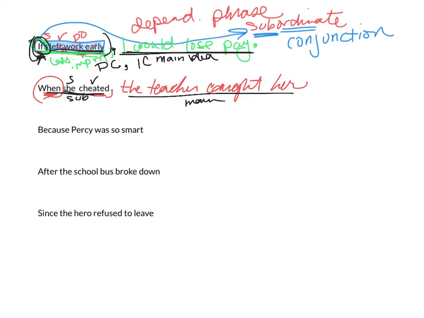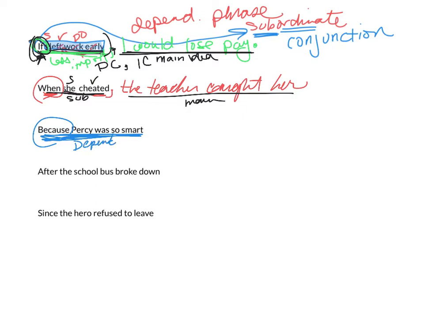Because Percy was so smart, what is your subordinating conjunction? Yep, because. The fact that because is attached to Percy is so smart means that this phrase is what part of a sentence? Yep, that is the dependent clause.